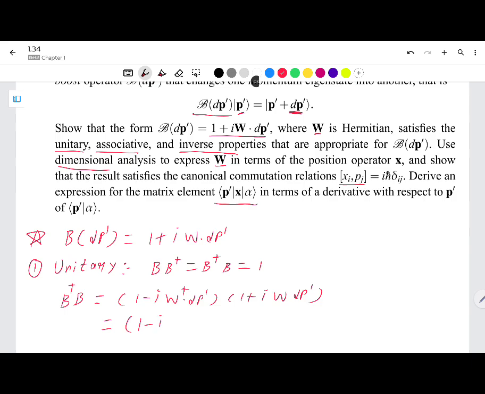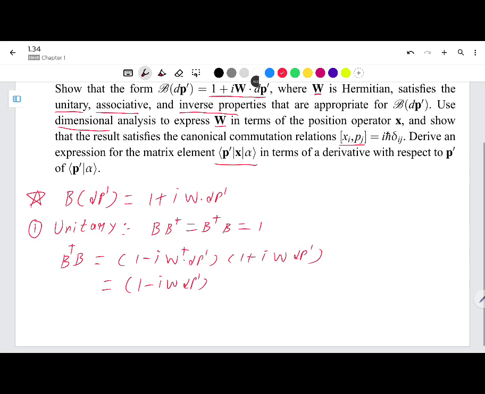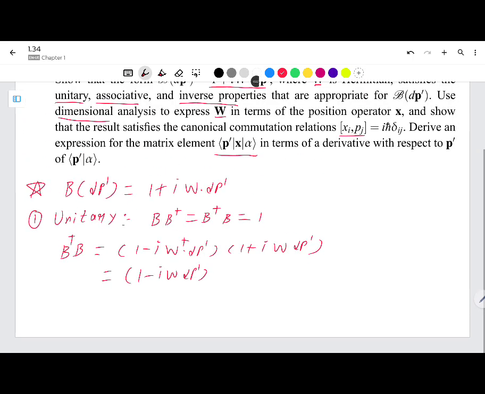This will give us 1 minus i W dp prime, because W is Hermitian, so W dagger is W.